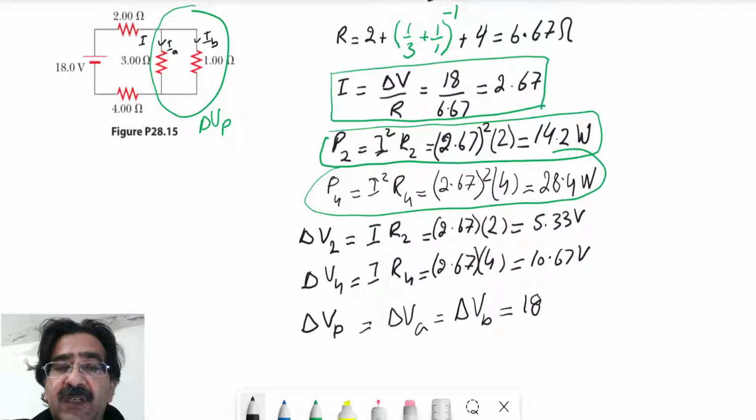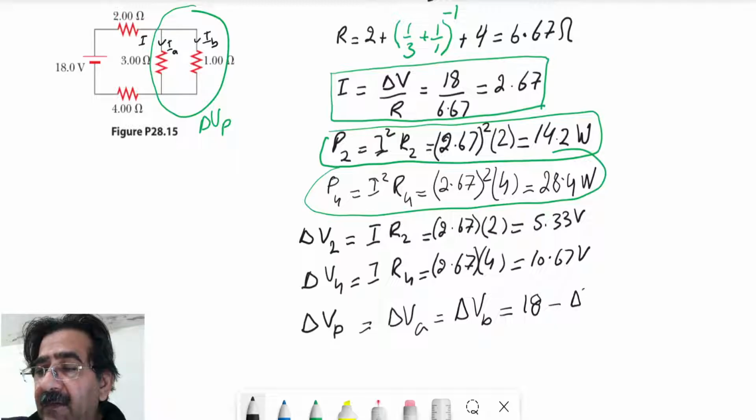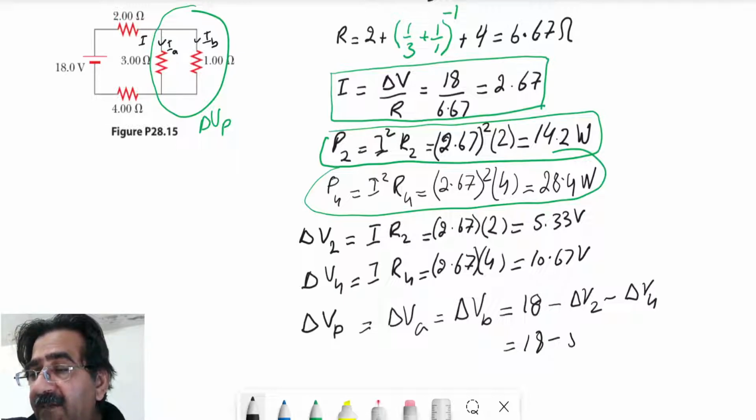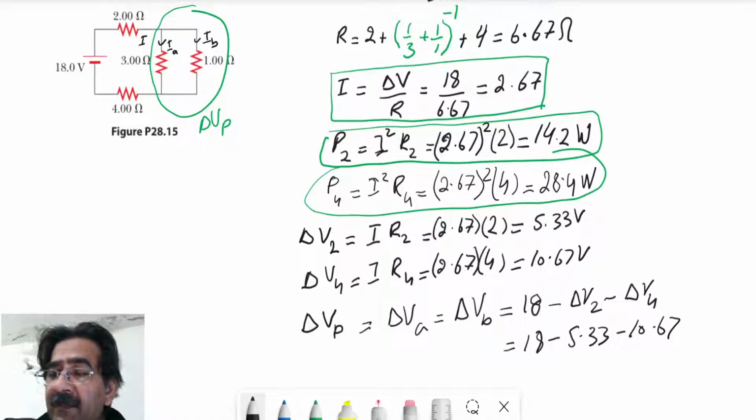This is 18 volts delivered, minus the voltage drop across delta V2 minus delta V4. So that will be 18 minus 5.33 minus 10.67.